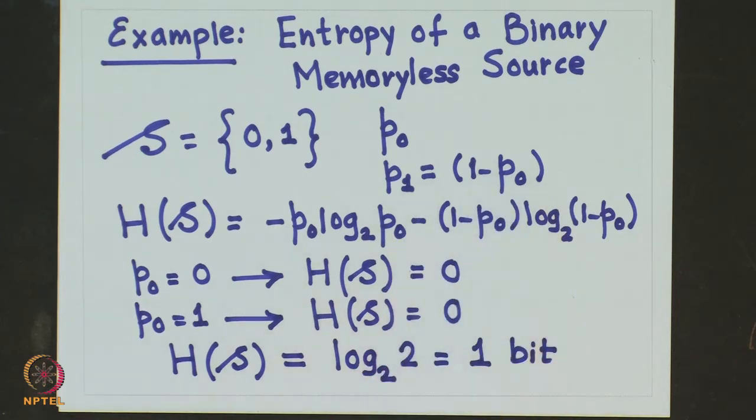So, the binary memoryless source attains the maximum value equal to 1 bit.